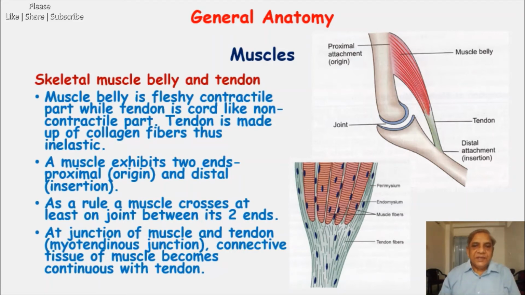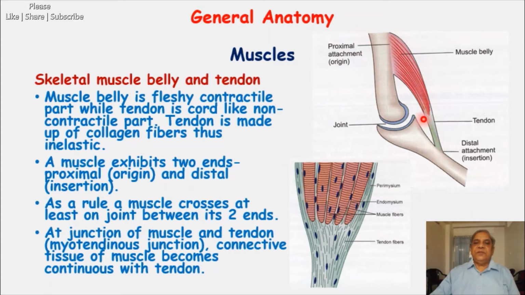And why does a muscle cross a joint? The reason is that a muscle is a contractile structure, and when it contracts through the tendon, it will pull the distal bone on which it is attached, and this distal bone then will move at a joint. For example, here is a joint. See, this is the joint, this is the proximal end, and this is the distal end.